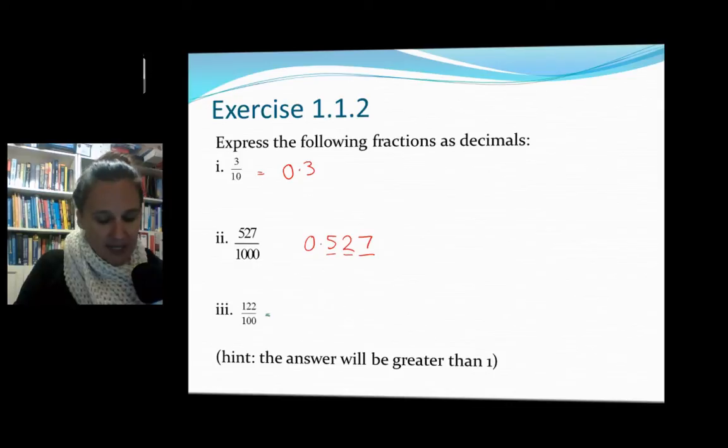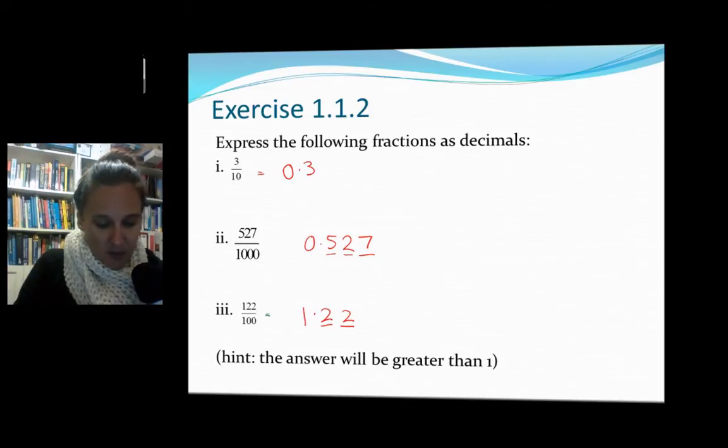If we look at number 3, here we've got our decimal place, we've got our tenths and our hundredths. We have 100 at the bottom here. So we've got 122 on 100. So we start with that 2 in the hundredths. The 20 goes here and the 1 goes there.